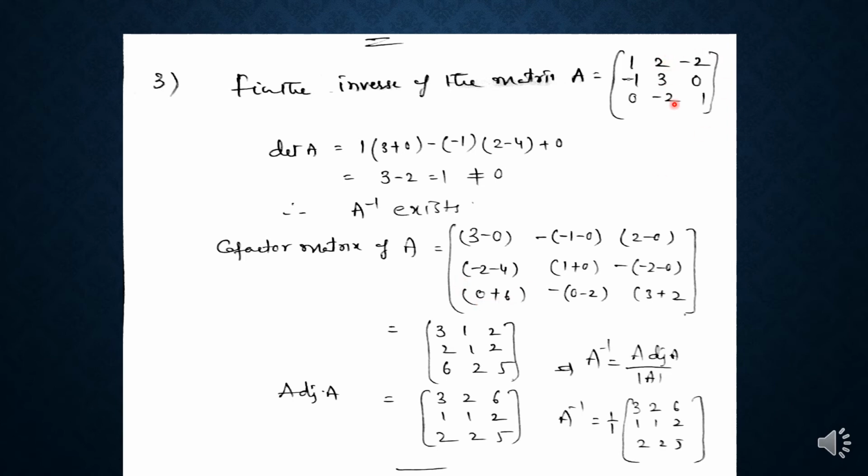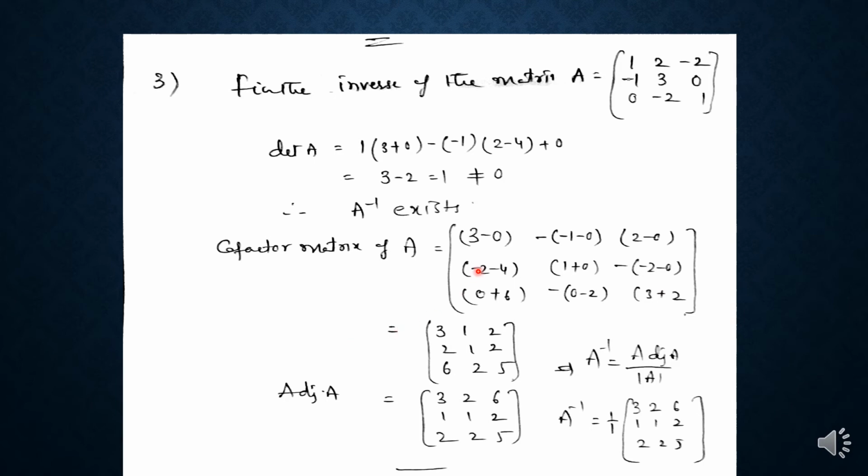And minus of, by deleting this column and this row we'll get 1 into 0, 0, minus of plus 2 is minus 2, 0 minus 2. Here coming to the last element in the last row, by deleting this column and row we'll get 1, 2, minus 1, 3, that is 3 into 1, 3, minus of minus 2 is plus 2, 3 plus 2. So these are the cofactors of the matrix A.